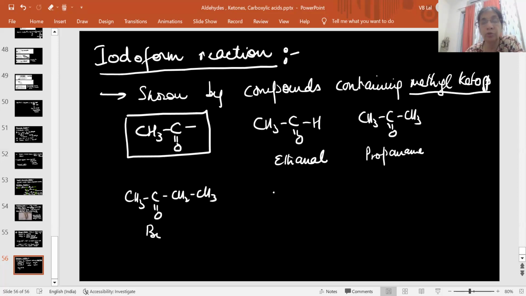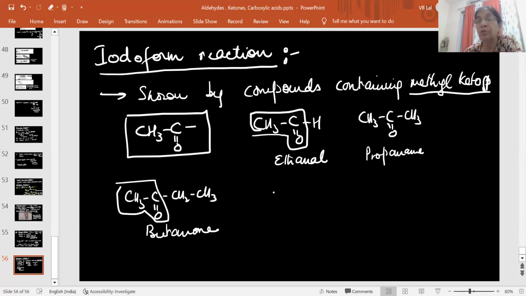It is butanone. And 2-pentanone also can show this reaction. So these are all compounds which are aldehydes and ketones, and they contain the methyl keto group. So any compound which has a methyl keto group can show this reaction.